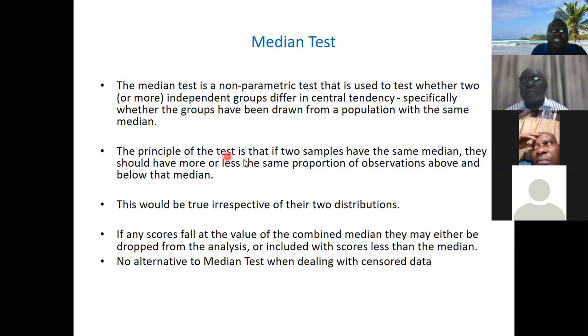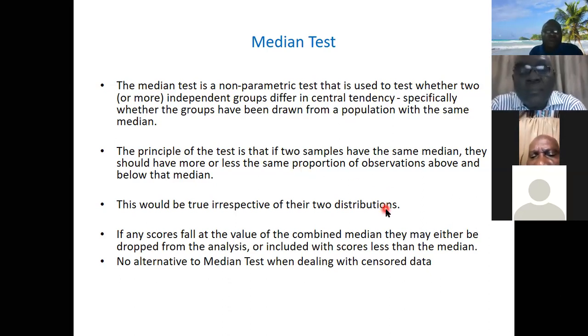The principle of the test is that if 2 samples have the same median, they should have more or less the same proportion of observations above or below that median. That is, if you mix all of them together, that value will still be the median. Both of them should have an equal proportion above the median and below the median.